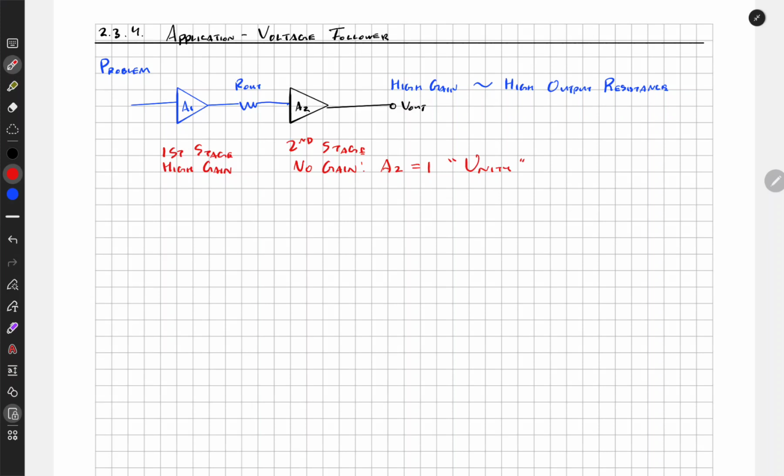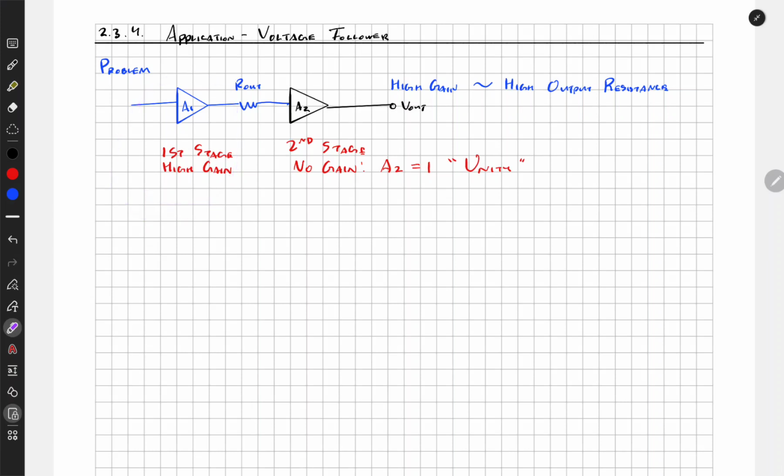The important thing for the voltage follower is that when you look in from the output, this second stage does not show any kind of output resistance, or at least the output resistance is as close to zero as possible. You might have a design requirement that says you need to have a high gain, so that's what this first stage provides.